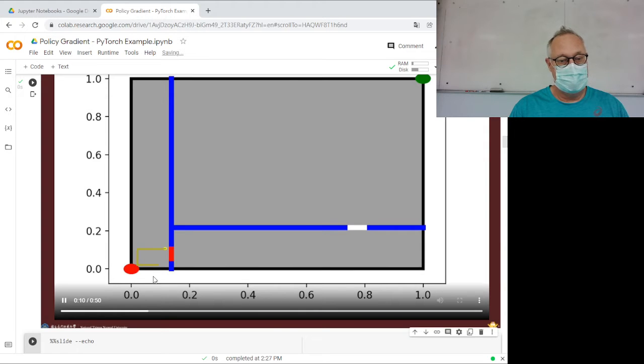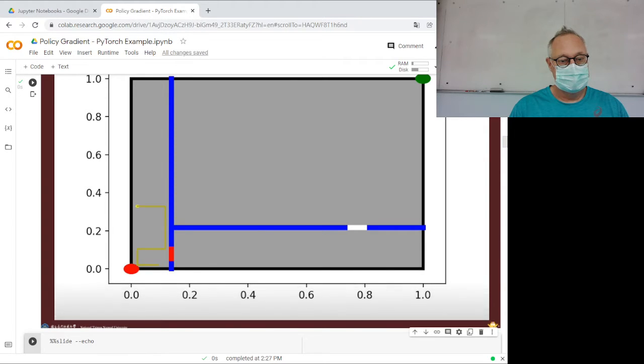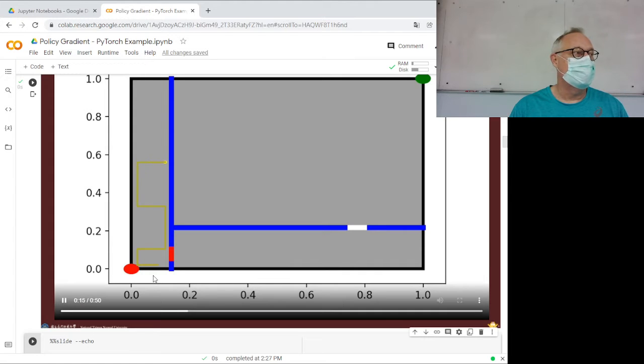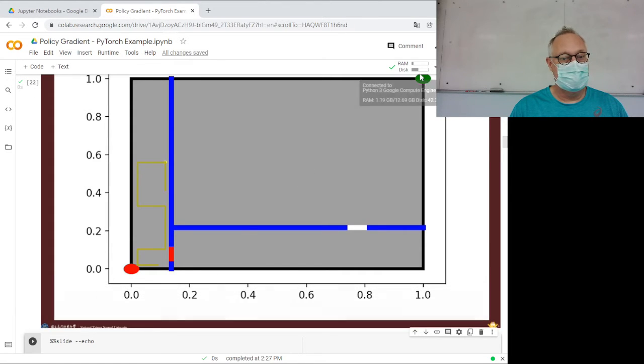Now it manages to go up there. Not surprisingly, it's not doing very well going towards the goal location.